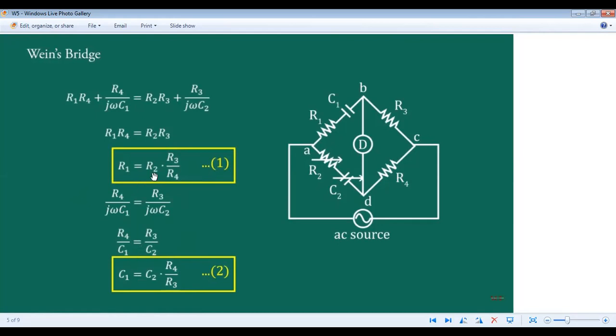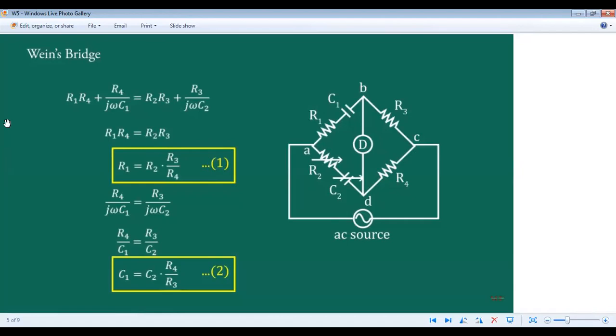Is that clear? Till now, if you have any doubt, you can tell me. We just compared both the bridges, and after that we compared the real part and imaginary part.